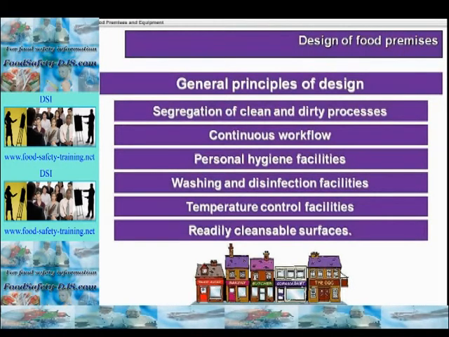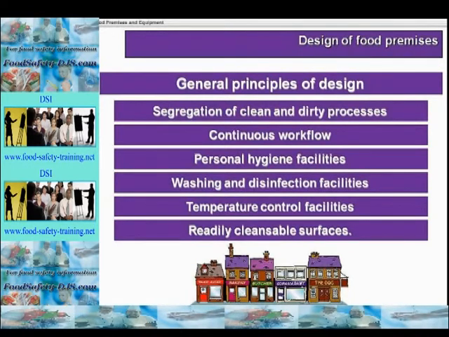General principles of design include segregation of clean and dirty processes, where possible post-cook and pre-cook separation, and a deboxing area. Next, continuous workflow or linear workflow. Distances travelled by raw materials, utensils, containers, waste material, packaging material and staff should be minimised.